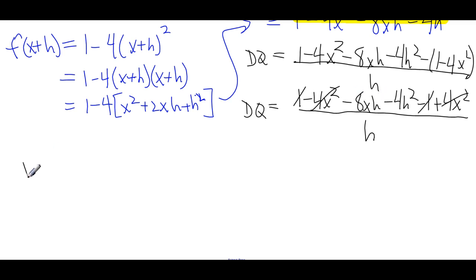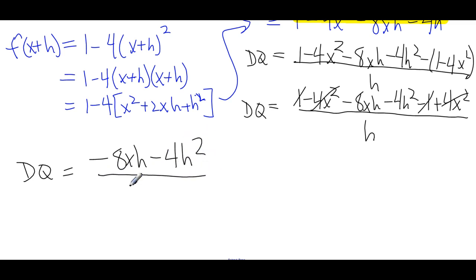So I'm left with the difference quotient being equal to negative 8xh minus 4h squared all over h. And notice these both have h's in it. So I'm going to pull out that common h. I'll be left with a negative 8x. I'm sorry, I'm not factoring out a negative.